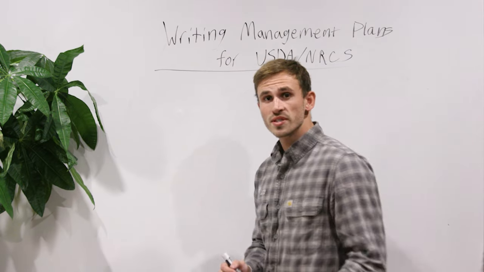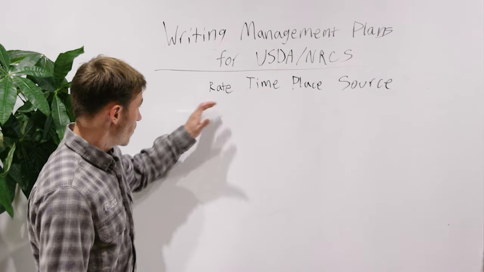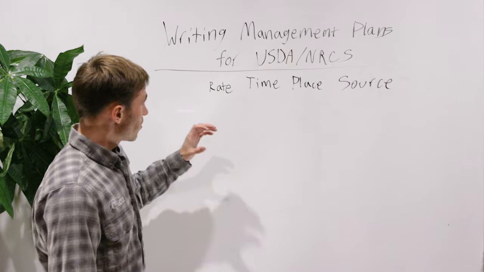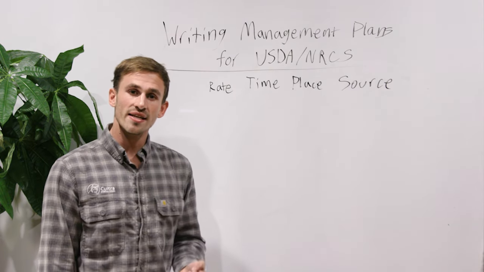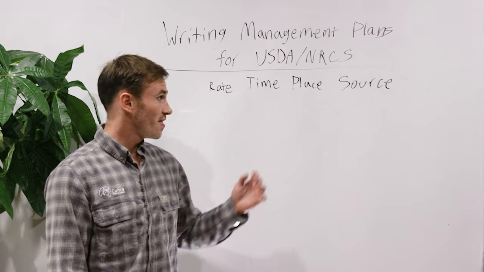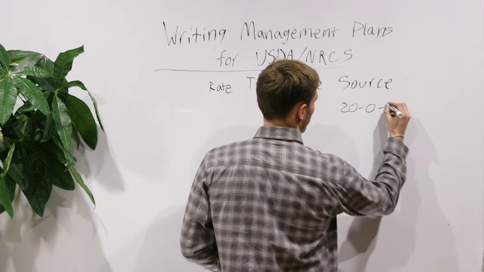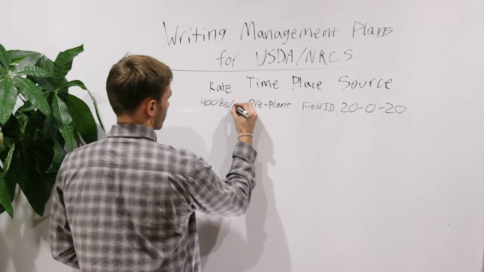As we all know, the USDA and the NRCS love the 4 R's. So do we. Right rate, right time, right place, and right source. We want to say we're applying this amount of this product that has a guaranteed analysis of this NPK, like a 20 at a pre-plant 400 pounds per acre.